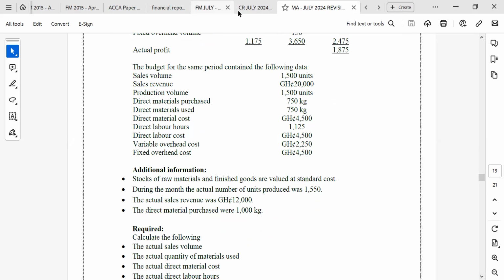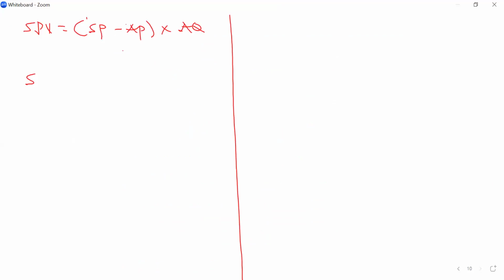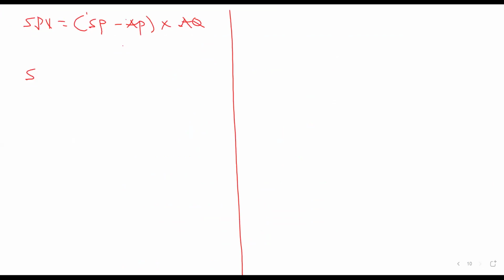You just have to ask yourself, how do we calculate these figures? For the actual sales volume, I have only two sales volume variances, the basic variances. Which of them have I been using the actual quantity to calculate?